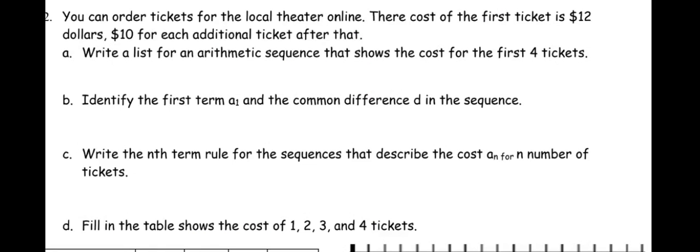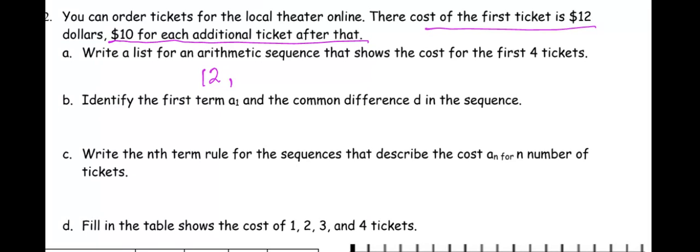You can order tickets for the local theater online. Their cost for the first ticket is $12 and $10 for each additional ticket after that. The first question says, write a list for an arithmetic sequence that shows the cost for the first 4 tickets. So that means we need the first term, second term, third term, and fourth term. The first term represents the cost for 1 ticket, which is 12.